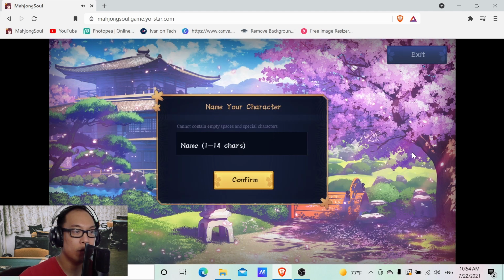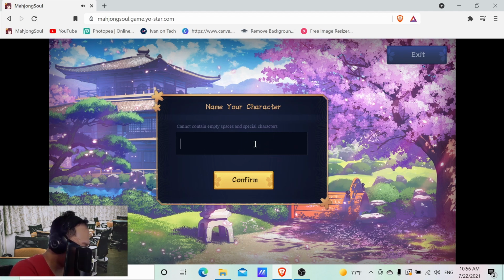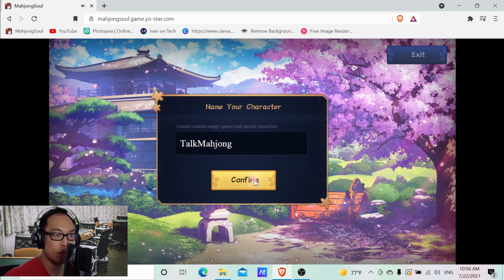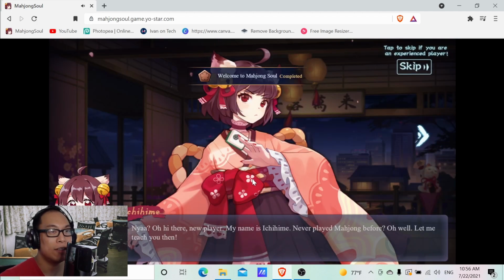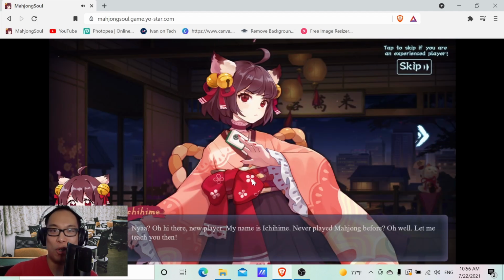So it will log you in, and now you have to pick your username. Okay, I guess Talk Mahjong is not taken. So I had to rename it backwards.